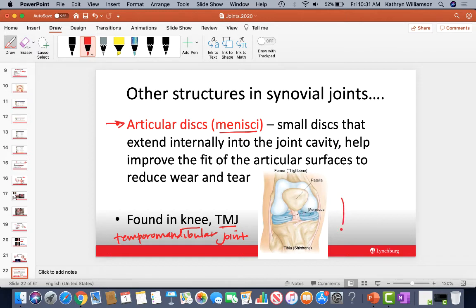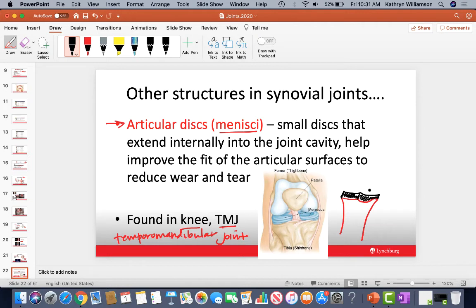And so what we see, like if this was our knee, and there's our tibia, what you're going to see are these fibrocartilaginous cushions that basically sit on top of the bone. So here would be my menisci on this side, here's a meniscus on this side.